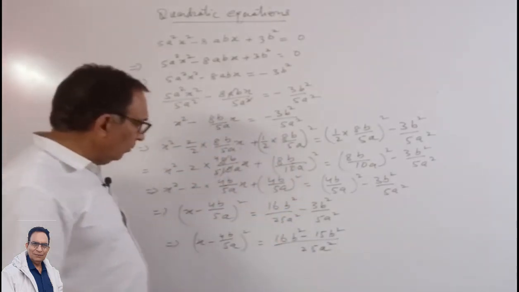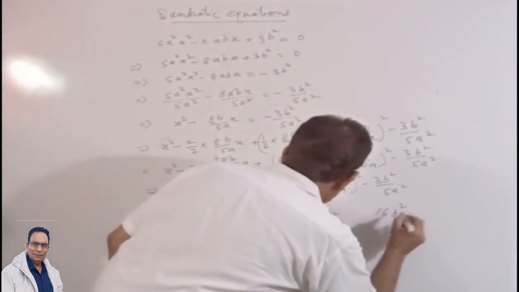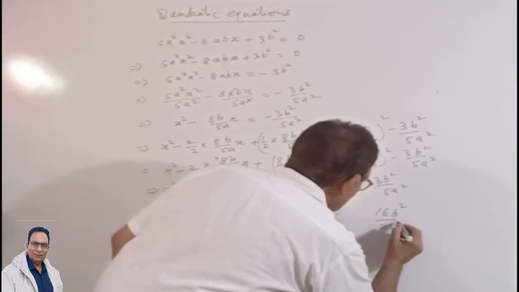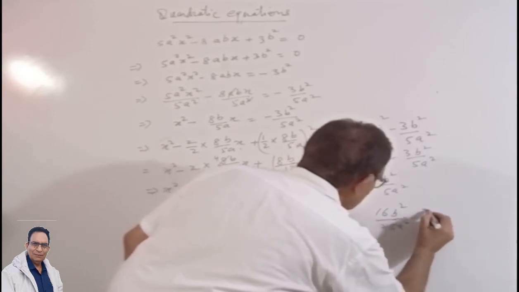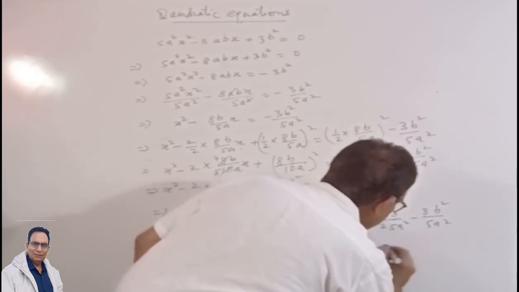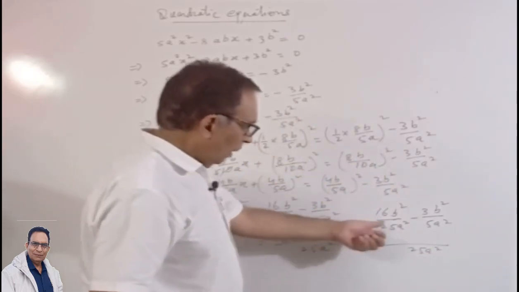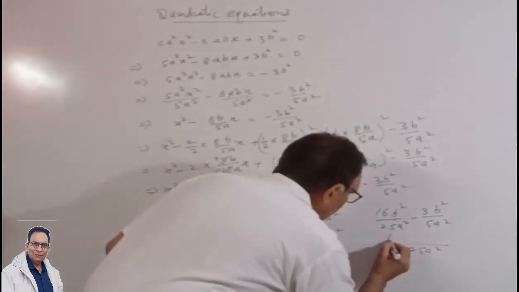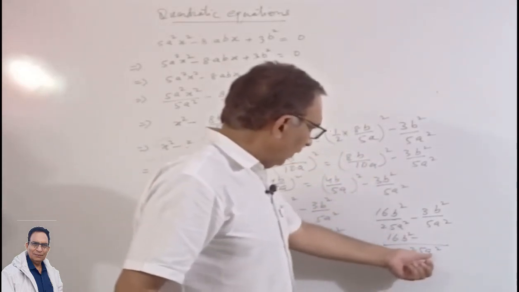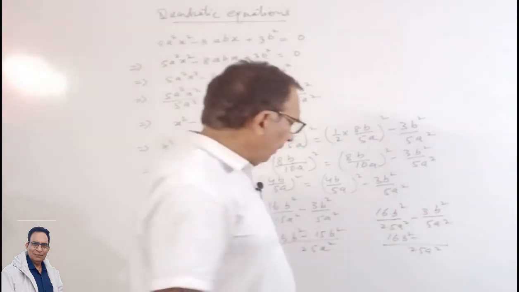If not clear, you can separately just see this one. 16b square over 25a square minus 3b square over 5a square. 25a square is the LCM. Here you are getting 16b square minus, 25a square divided by this one, you are getting 5. 5 multiplied by 3 is 15.